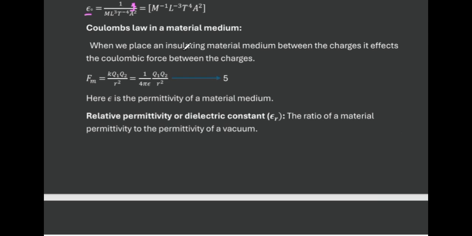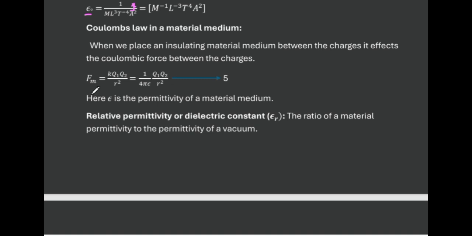Now let's come to know Coulomb's law in a material medium. If we place some insulating material medium between the charges, what will be the effect on the electric force? When we place an insulating material medium between the charges, it reduces the Coulombic force between the charges.